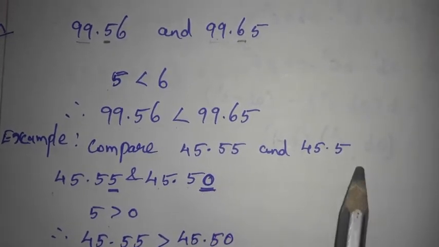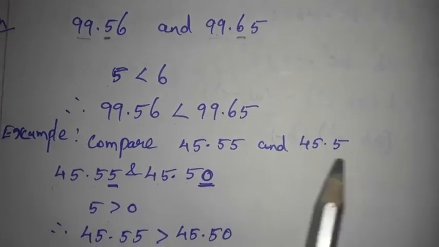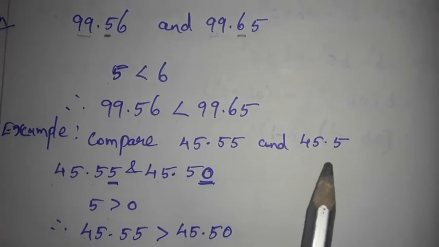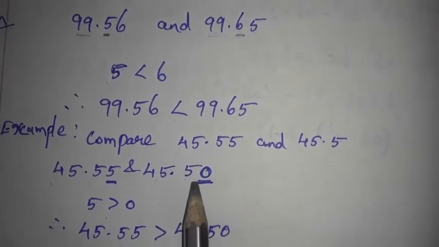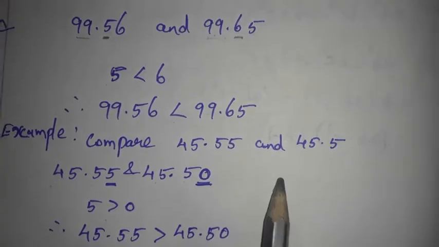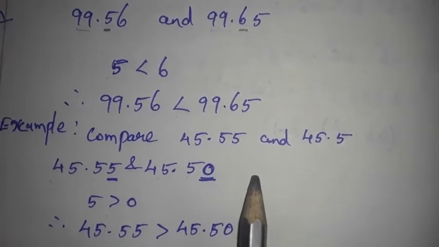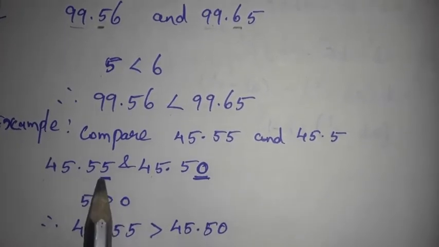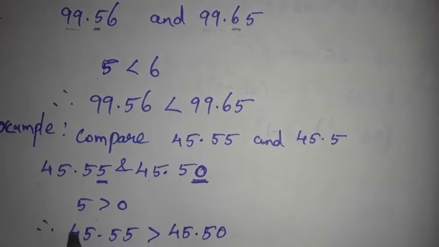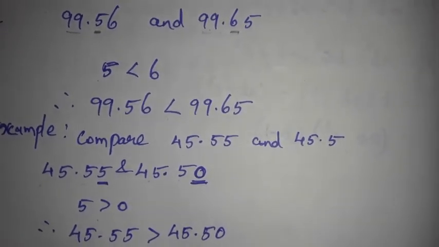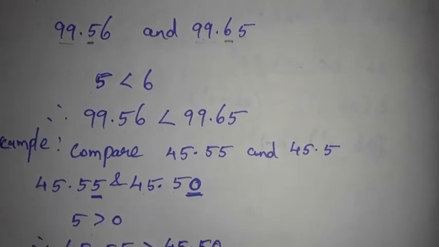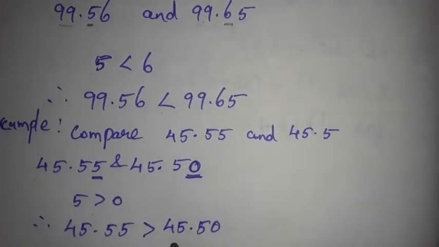When we add 0 at the right end of the decimal digits, the value of the decimal number cannot change. Therefore, we can add any number of zeros at the right end of the decimal digits. If we compare 0 and 5, we know that 5 is greater than 0. Therefore, 45.55 is greater than 45.5.